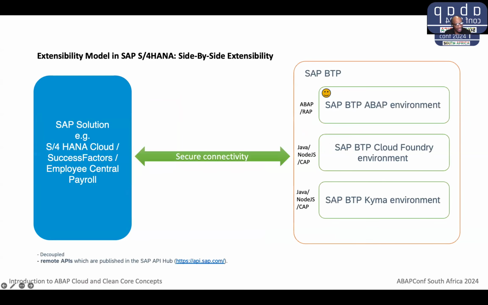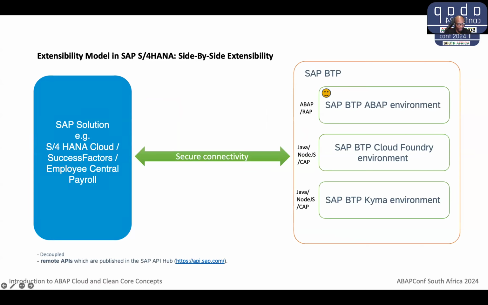And then the alternative is your side-by-side extensibility, or side-by-side extensions. Side-by-side extensions are very powerful. It's a very cool concept that helps you build very interesting solutions. And this is applicable not just from an ABAP point of view, but you can use other languages as well.